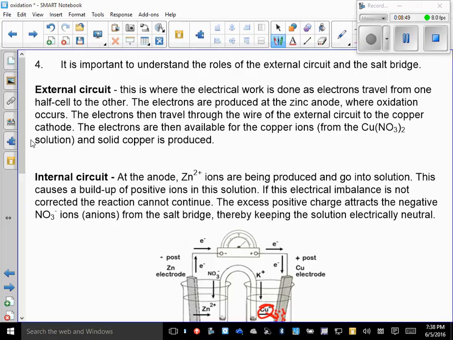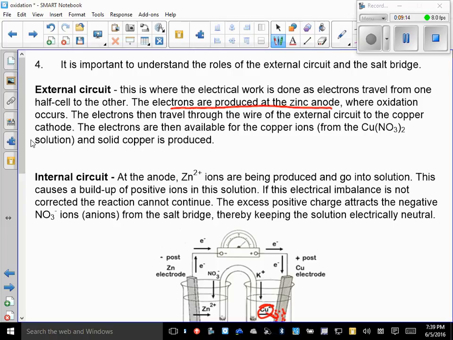The external circuit is where the electrical work is done as electrons travel from one half cell to the other. Electrons are produced at the anode, where oxidation occurs. The electrons then travel through the wire of the external circuit to the copper cathode. The electrons are available for the copper ions and solid copper is produced.